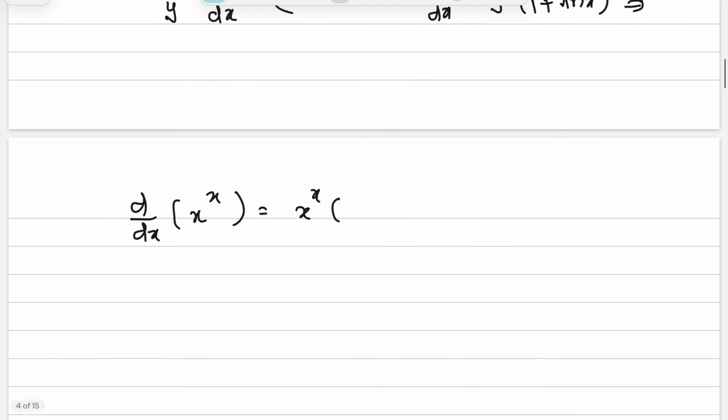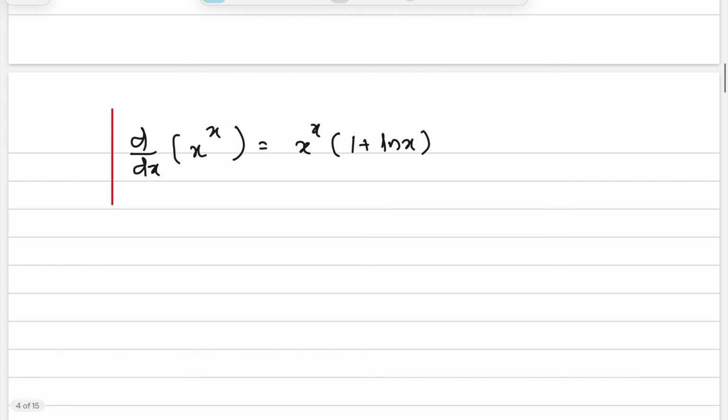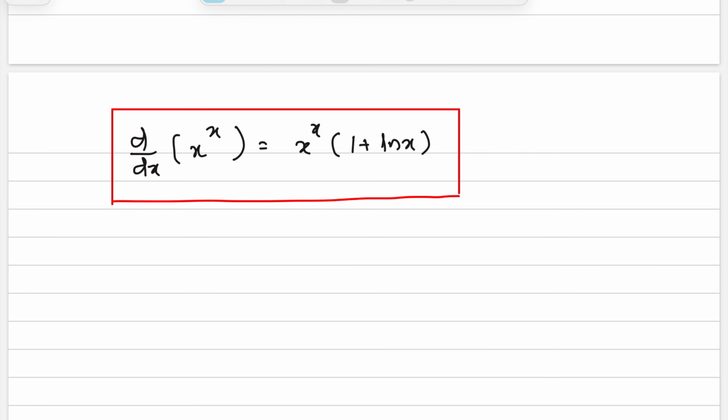That means d by dx of x to the power of x is equal to x to the power of x into 1 plus ln x. Please remember this value. This is a very important conceptual derivation. Please remember this. Now we got the value.